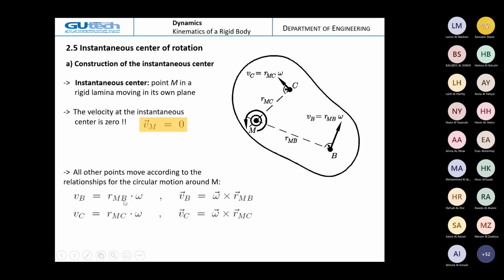Or this is the scalar. That means if we do it graphically. Now, if we do it by vectorial product, in this case we have Vb equals omega cross Rmb. The same here, Vc equals omega cross Rmc.